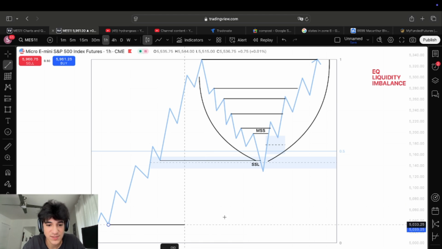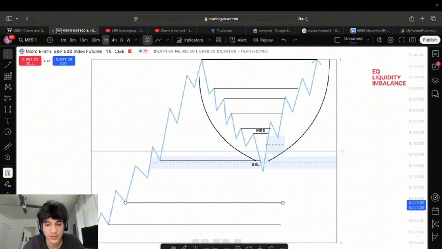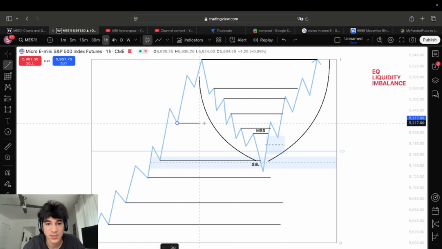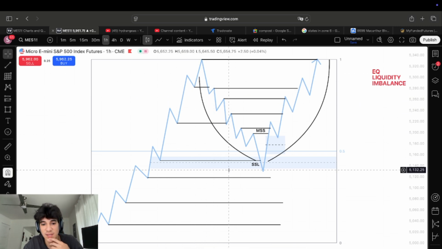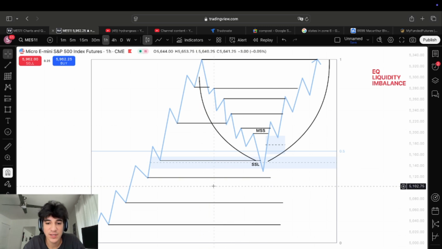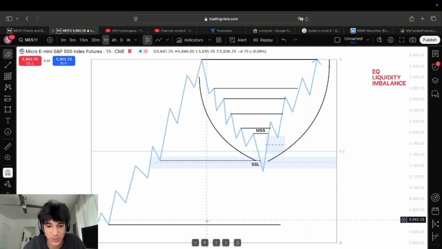We have sell side down here, sell side down here, sell side down here, more sell side here that we take out, and then sell side here, right? So we have all the sell side that we take out here, but because we're in equilibrium of the range, price doesn't need to go any lower to return higher.